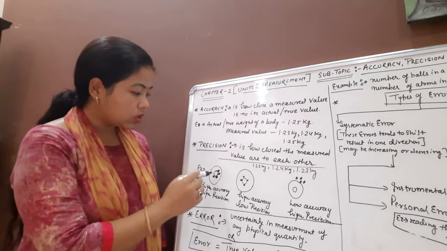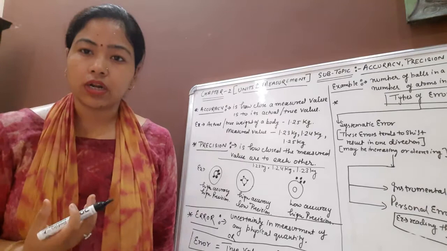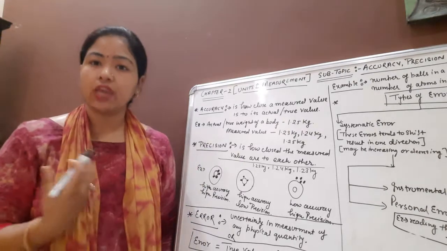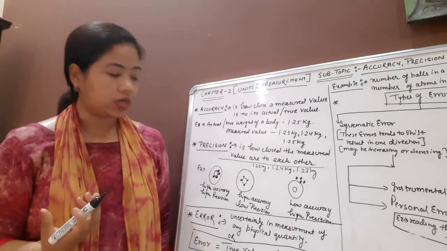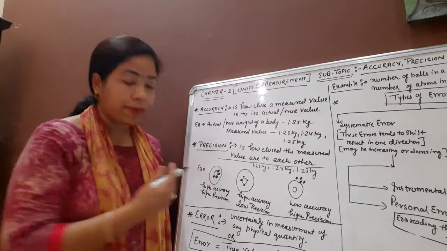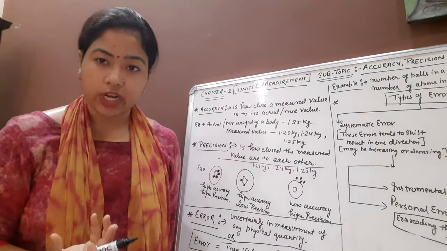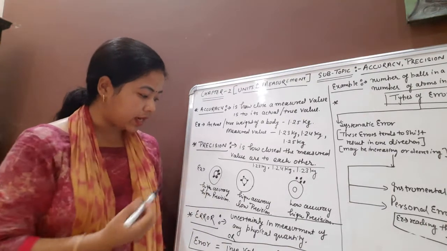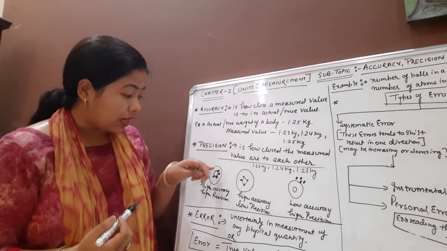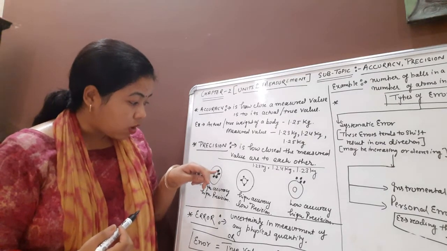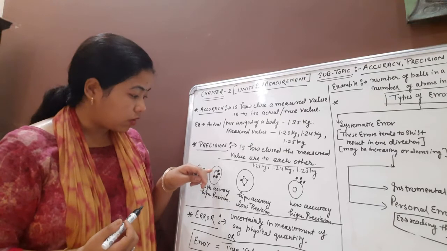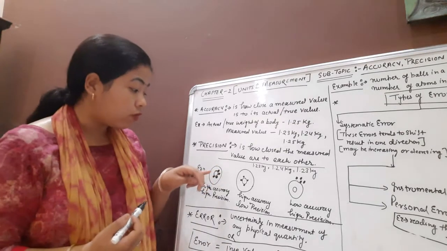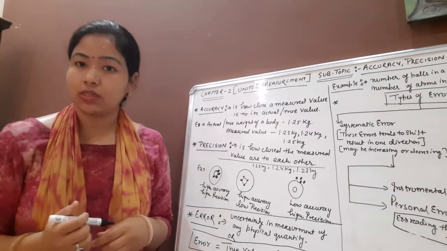This hollow circle represents the true or actual value of the quantity, and these 4 points represent the measured values. If we see the diagram, these 4 black dotted points are very close to this circle.